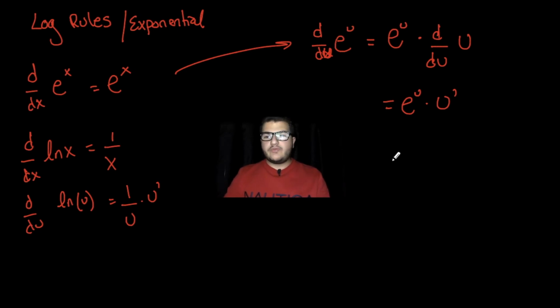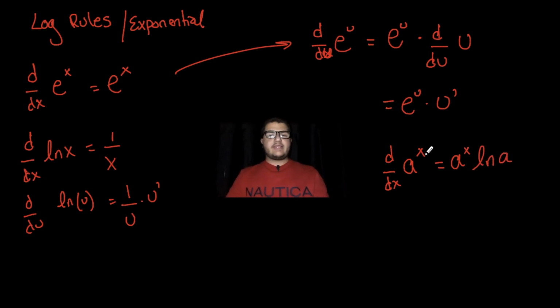Other rules you should be familiar with: the derivative of a to the x, where a is a base number, is a to the x ln a. And again, if the exponent here was anything other than x, if it was u, then it would be a to the u ln a times u prime, or the derivative of the exponent. Here, a is any number.